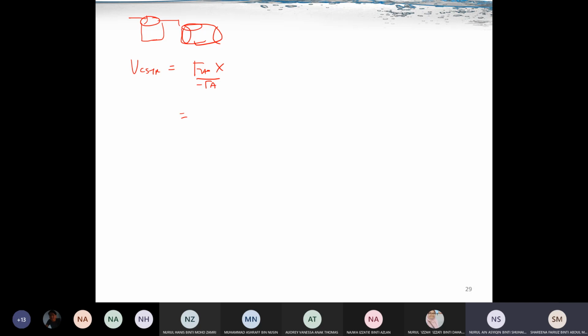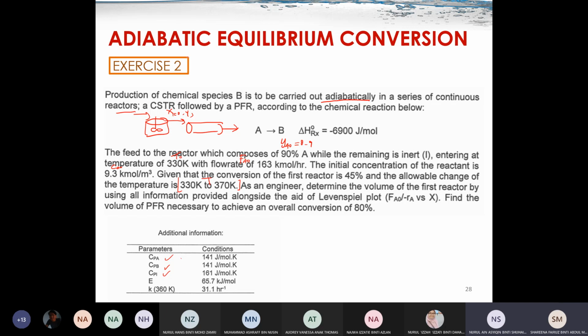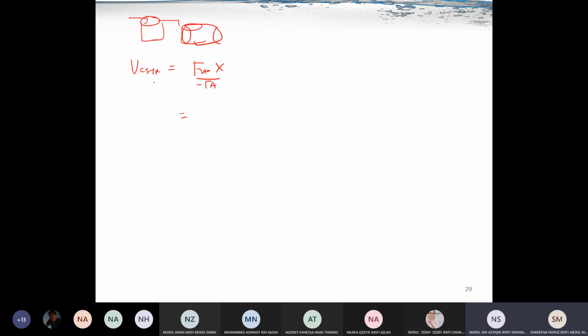What is the rA? Whereby this is irreversible, so this is the normal one, which is FA naught X is equal to kCA naught (1 minus X). So this will be the equation.